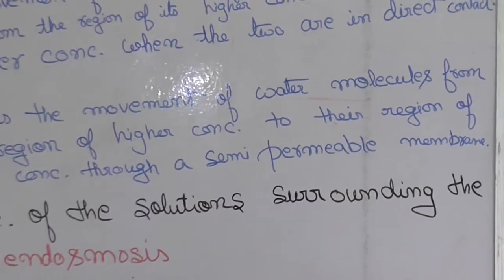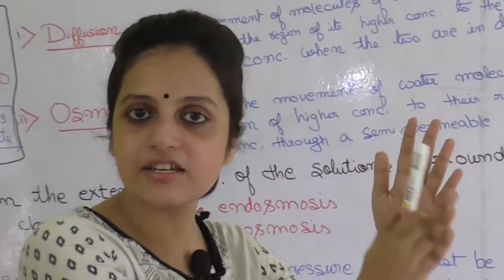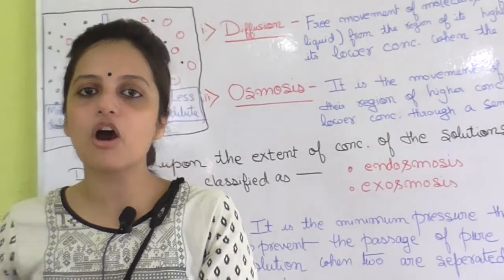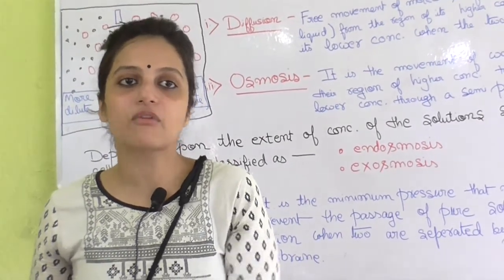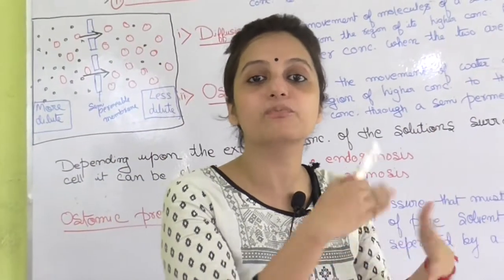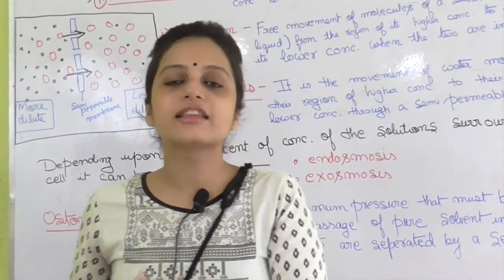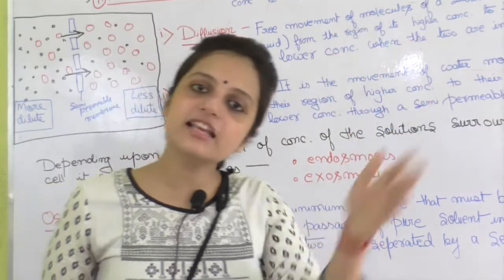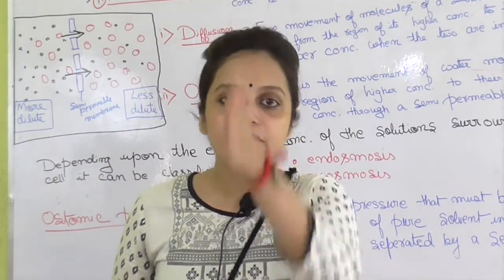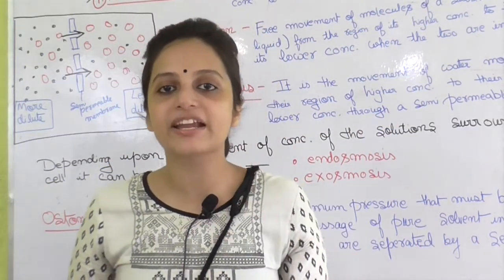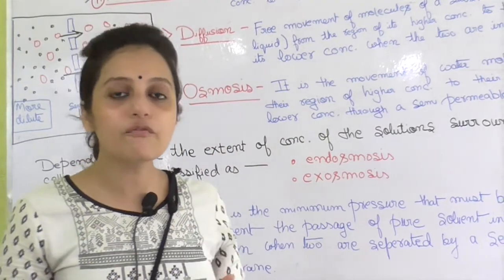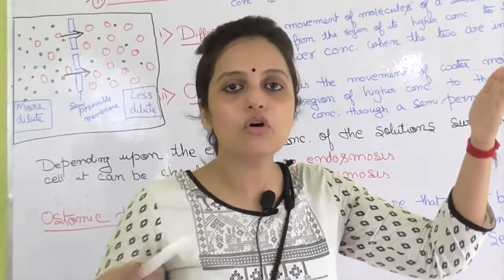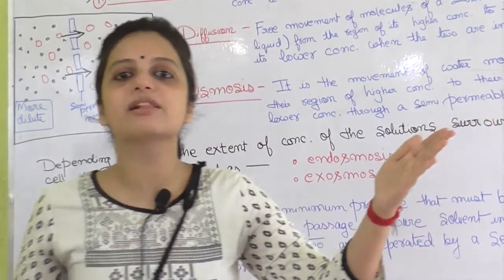It will be moving from its region of dilute concentration to its region of concentrated concentration. What is dilute? It means having a lot of pure water, and concentrated means the amount of pure water is much less. But in this movement, there will be a semi-permeable membrane. So, the water is going to move from the region of higher to lower through a semi-permeable membrane.